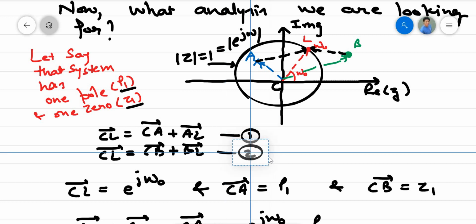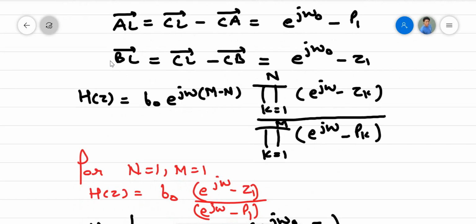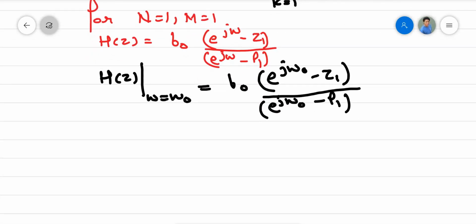Now we want to go for a special case so we will understand better.